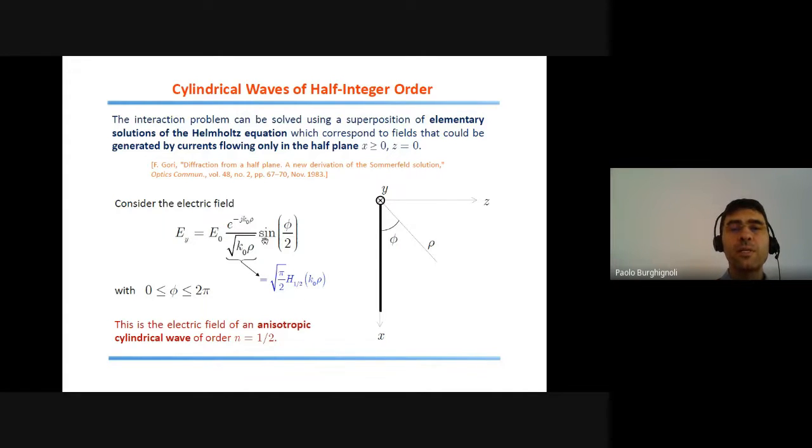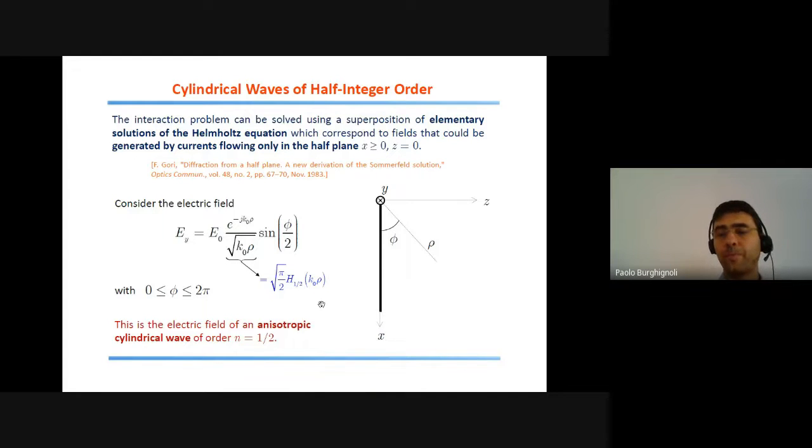And then there is this second factor that contains the dependence on phi, which is a simple trigonometric function with order 1/2. So basically, what we have is an anisotropic cylindrical wave, since the amplitude of this wave depends on the polar angle phi.